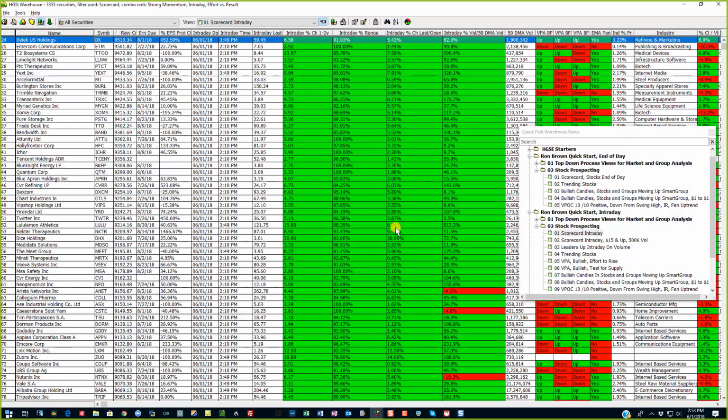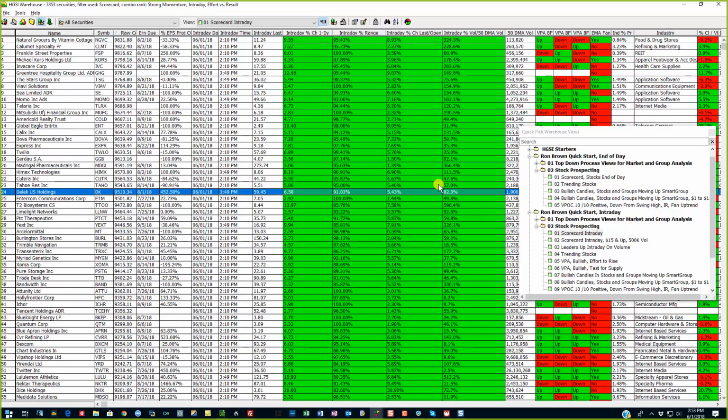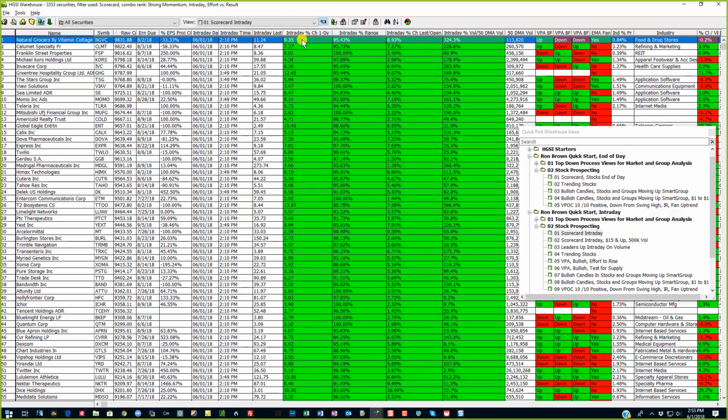So what I just went through there is showing you that you can get a tremendous amount of information and see where the action is when the market opens. Now, hopefully, if you do, you can buy into some of these stocks. You can do it on the long side or the short side with the groups moving down.